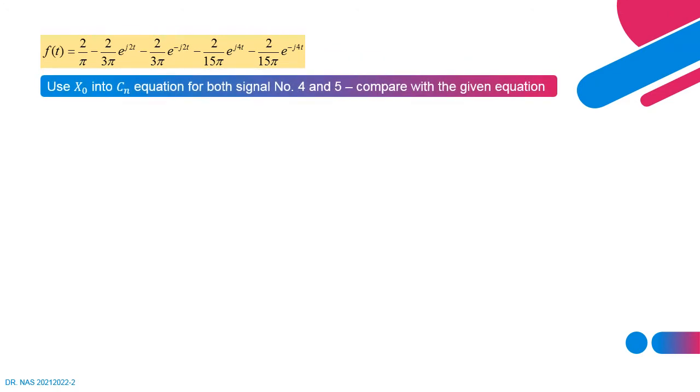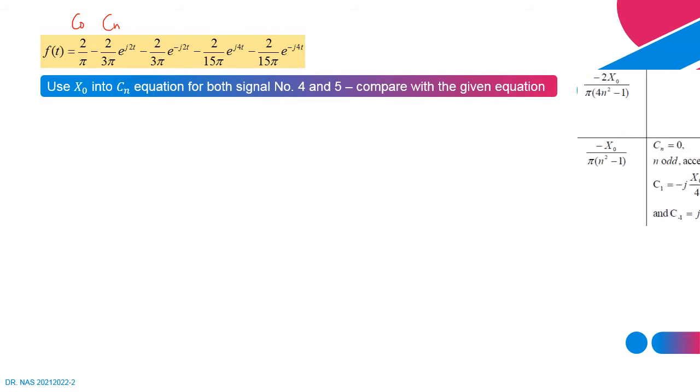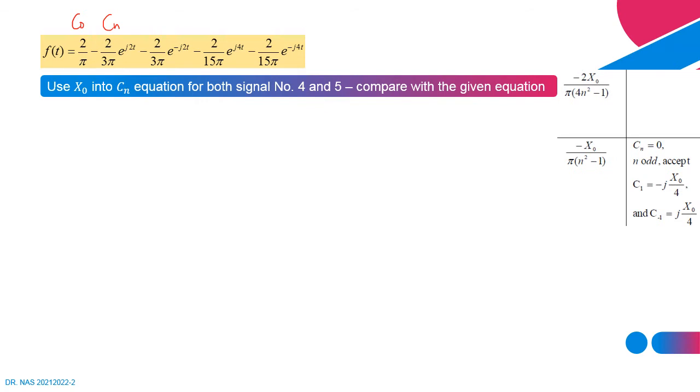Okay, in the previous slide, we considered the C0. Next, you need to consider the Cn by using the X0 that was calculated earlier. Again, refer to the table for the Cn equation for both signal number 4 and signal number 5.